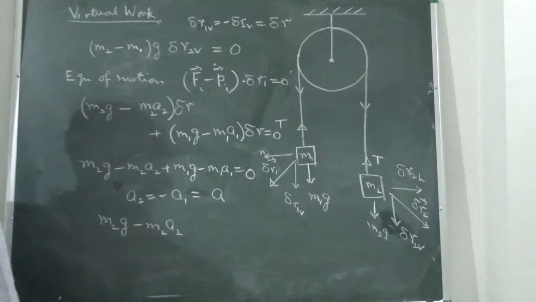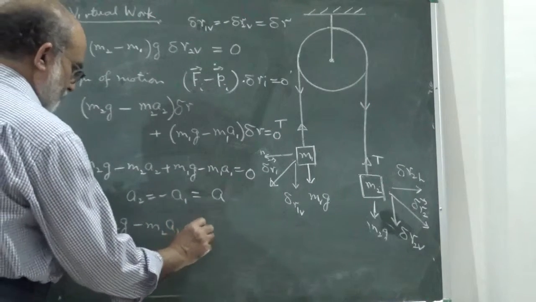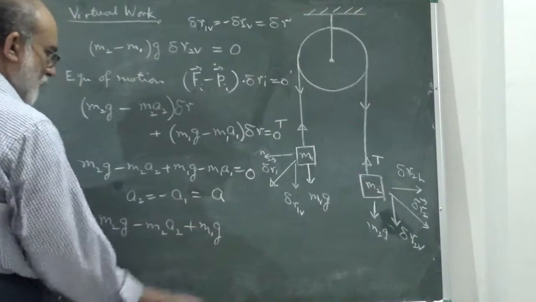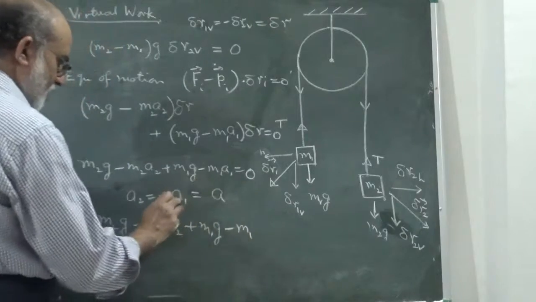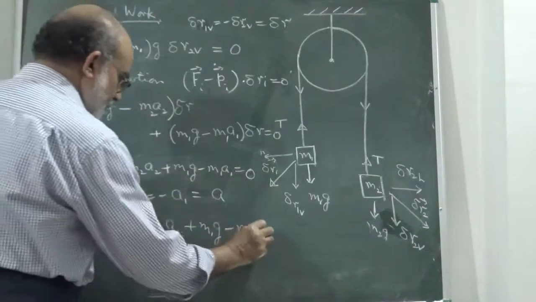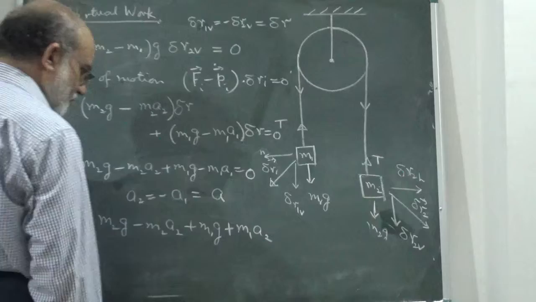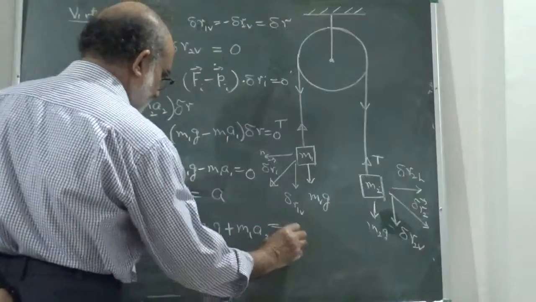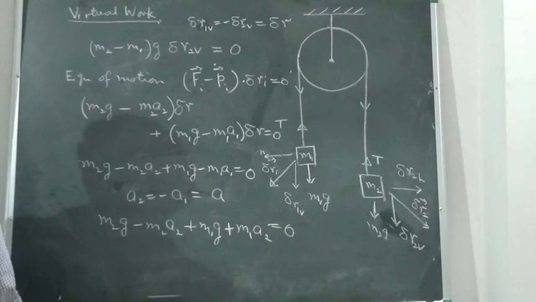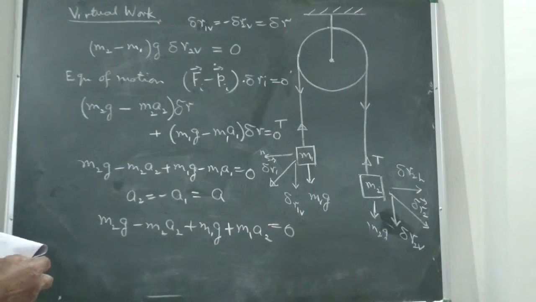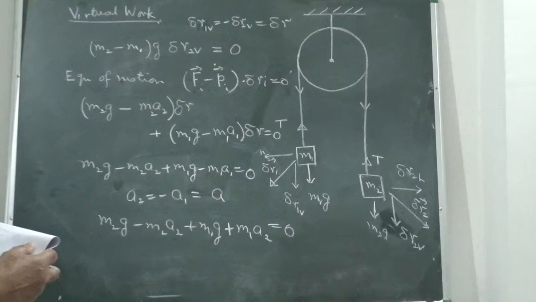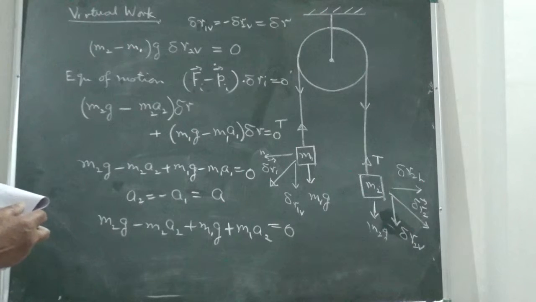M2A2 plus M1G minus M1A1, and A1 is minus A2. So it is A2 with a minus sign, and a plus sign here. Oh, there's a mistake.